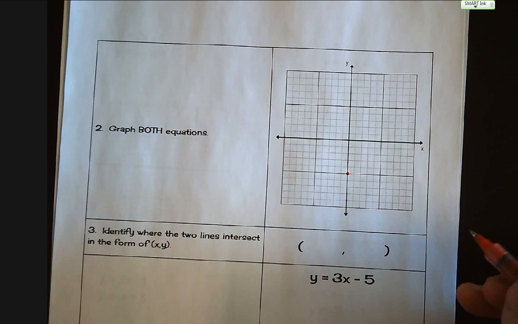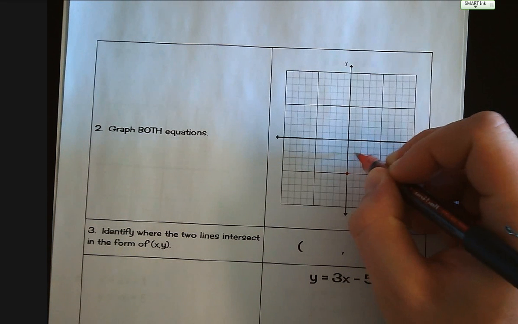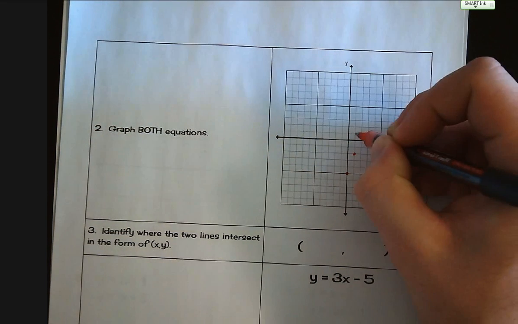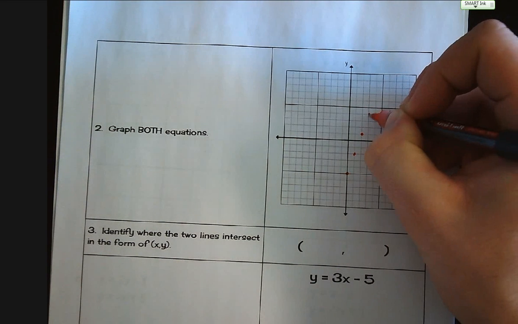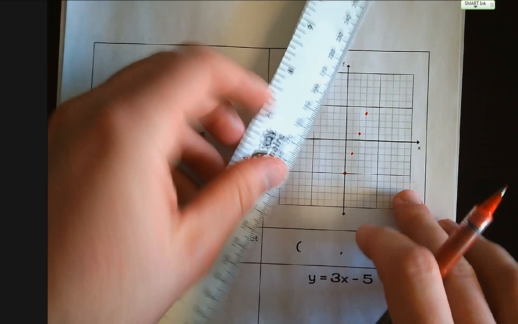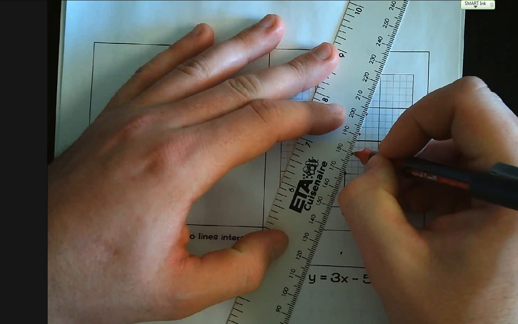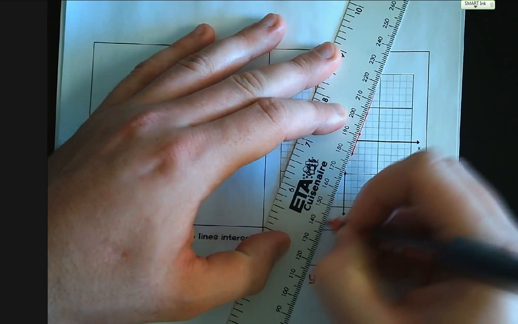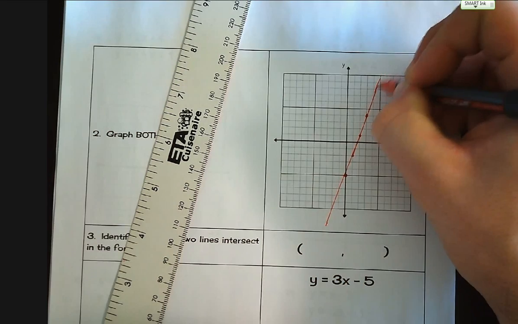So we're going to go up 3 and to the right 1. Up 3 to the right 1. And once you have 3 points or 4, you can use your straight edge to draw in your line. Okay. And let's make sure we go all the way to the edge of the grid. There we go.